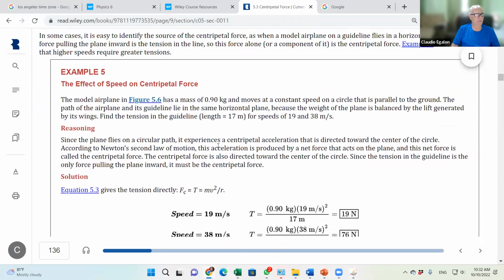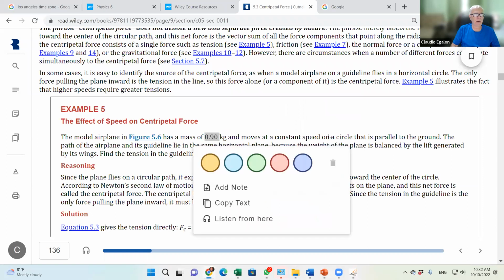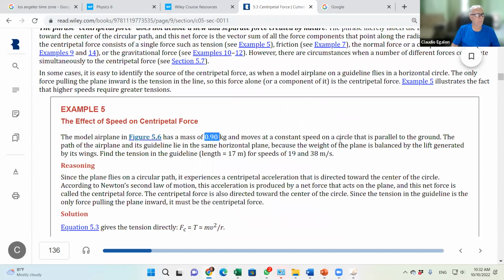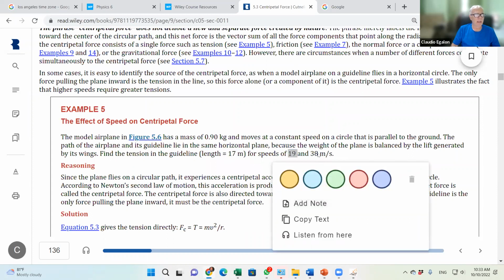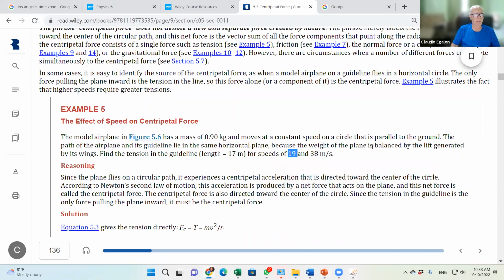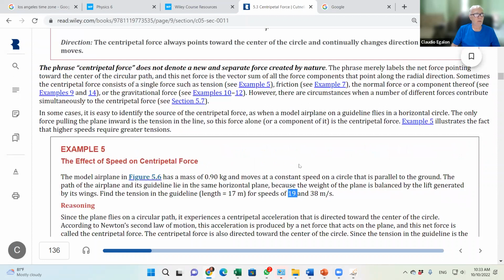The airplane has a mass of 0.9 kilograms. The length of the guideline, the string, is 17 meters. What would be the tension in the string if the speed is 19 meters per second and 38 meters per second? Notice that one speed is twice the other.